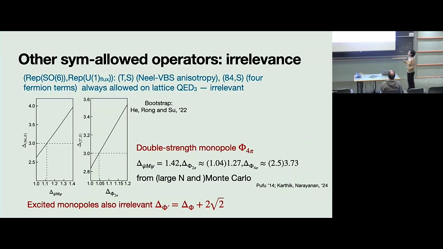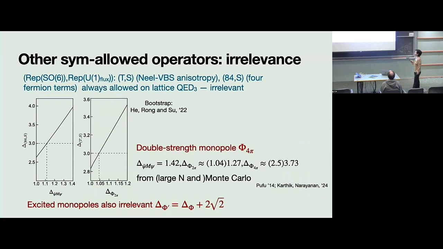They are always allowed in the lattice QED simulation. And the fact that the lattice QED sees a gapless fixed point means that these terms are irrelevant, which is also consistent with the bootstrap result that if we plug in the relevant monopole scaling dimension and fermion bilinear scaling dimension, we will see that the scaling dimension of these operators are larger than 3 and irrelevant.